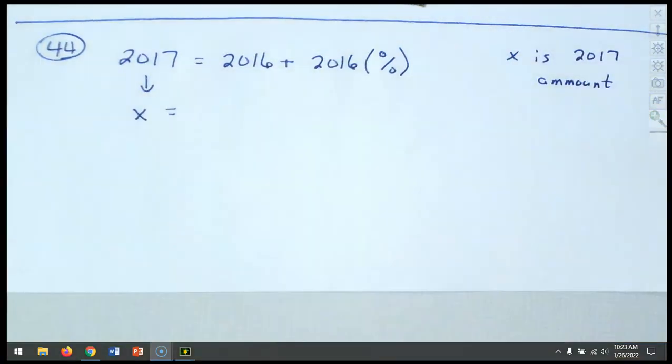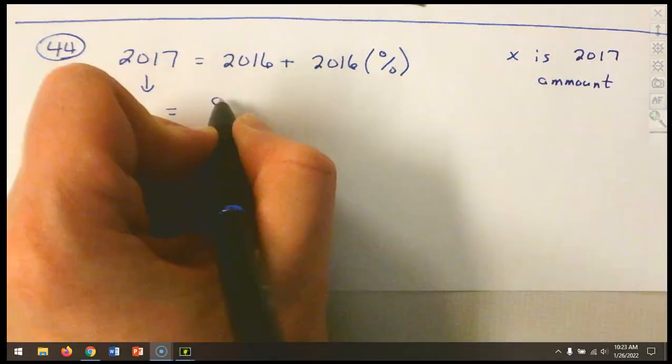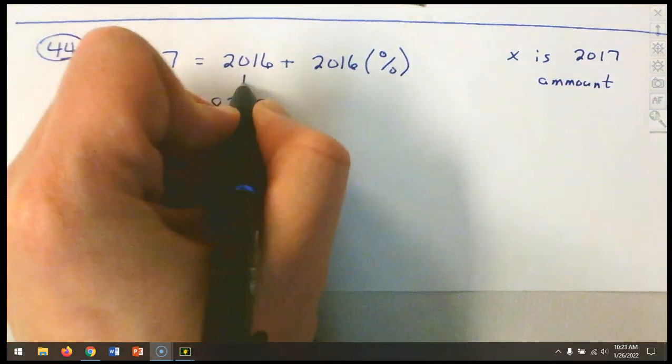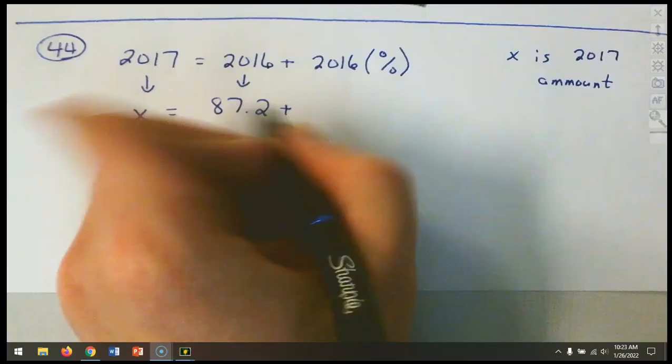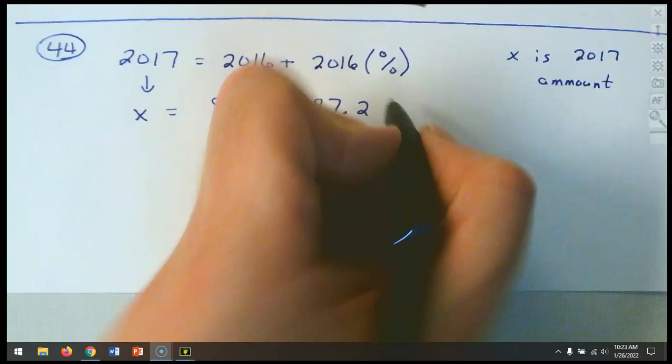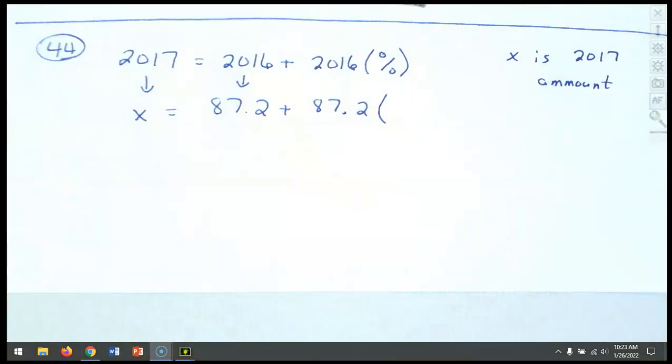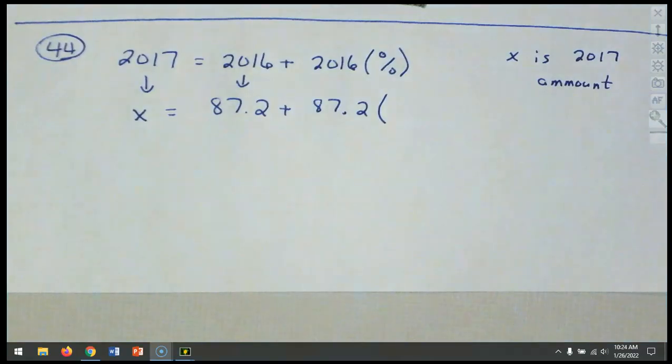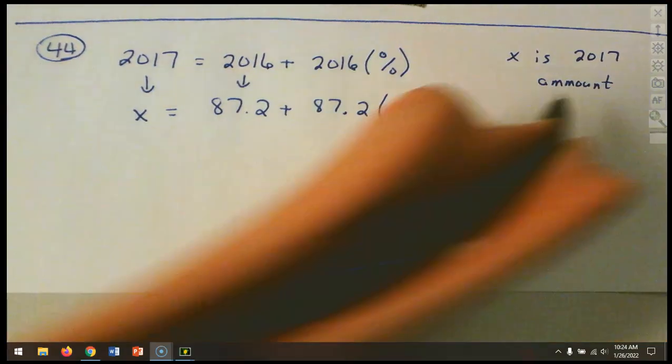And do we know the 2016 number? Yep, 2016 was 87.2 million. So there's that. And then we've got 87.2 million again. And we know our percentage. What's our percentage here? 44.3. So they increased by quite a bit.